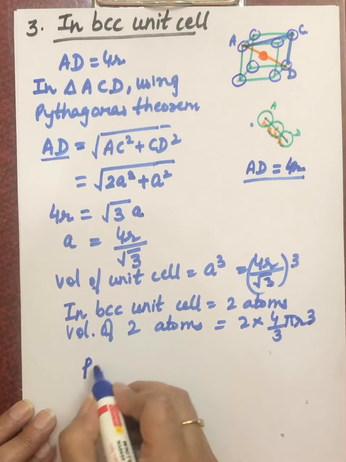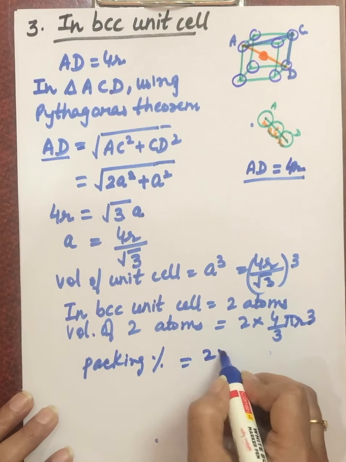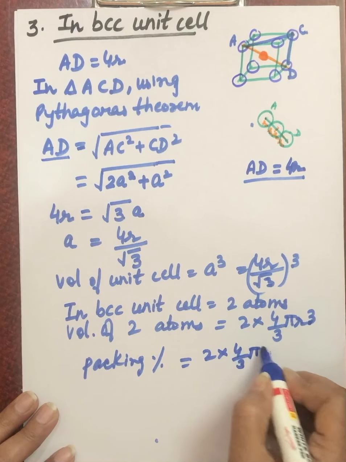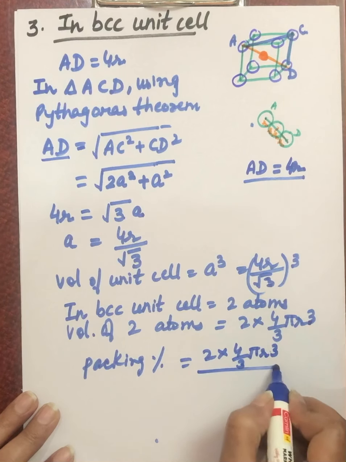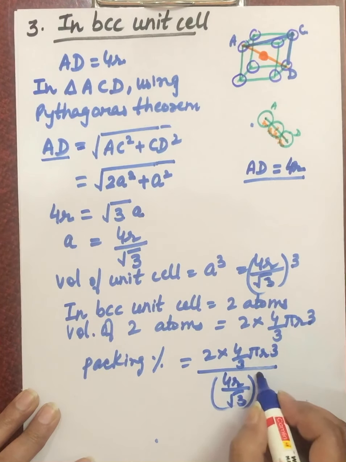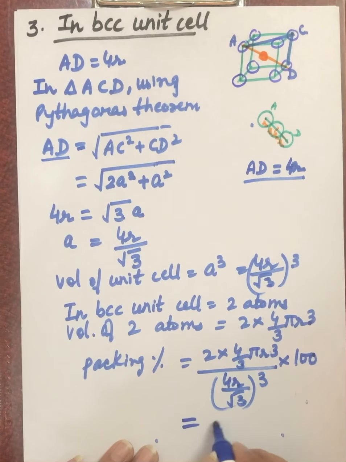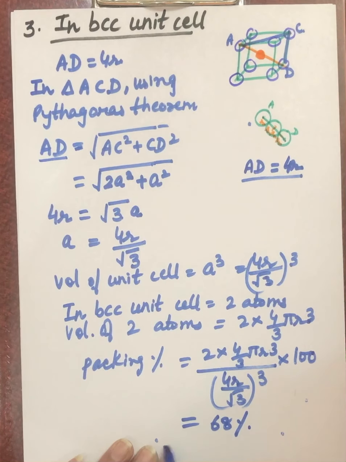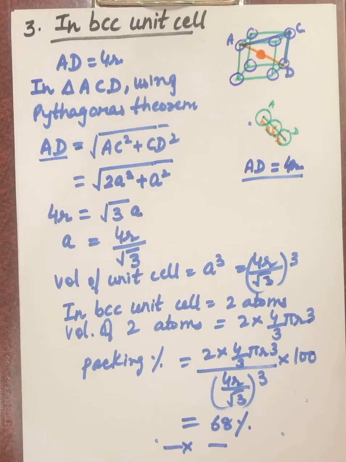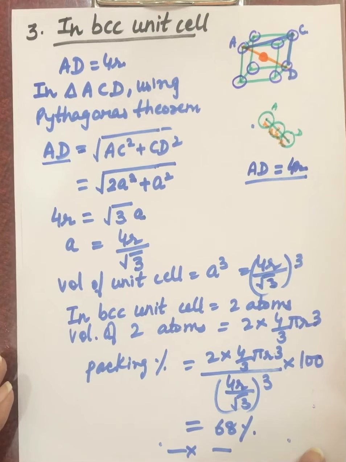So what is packing percentage of BCC unit cell? Volume of 2 particles, 2 into 4 by 3 pi r cube, upon volume of unit cell (4r upon root 3) whole cube. Multiply it with 100, we'll get the packing percentage 68% for the BCC unit cell. This is how we can calculate the packing efficiency of simple unit cell, FCC unit cell and BCC unit cell.